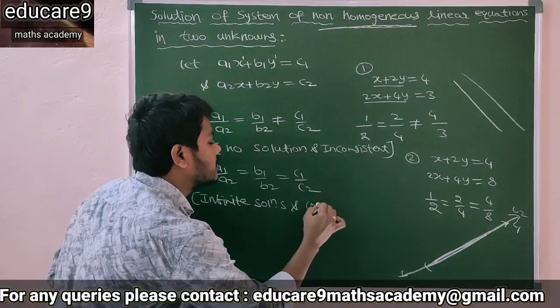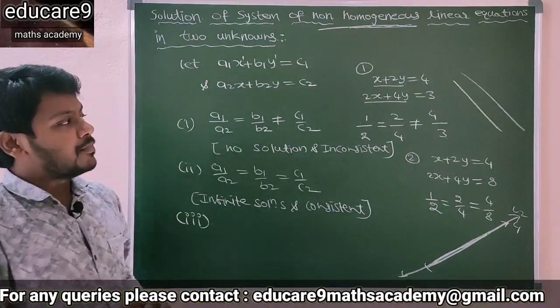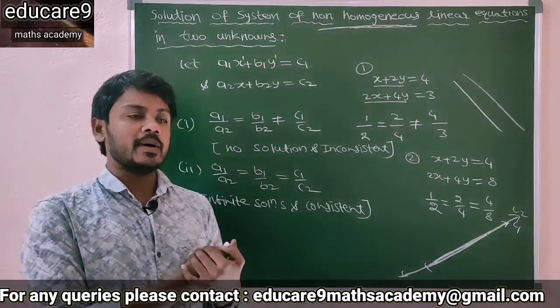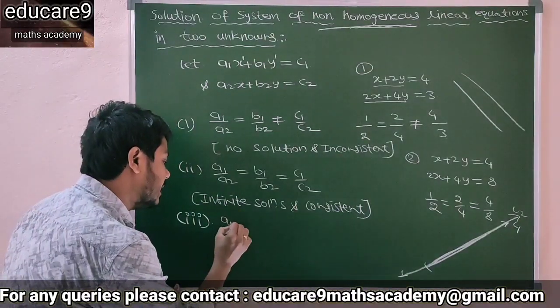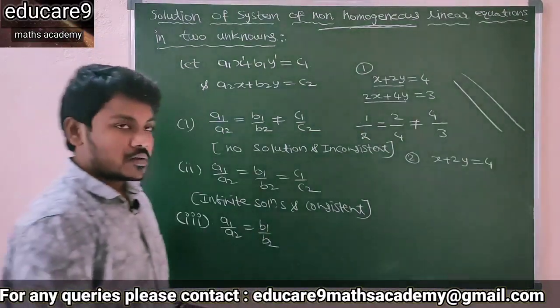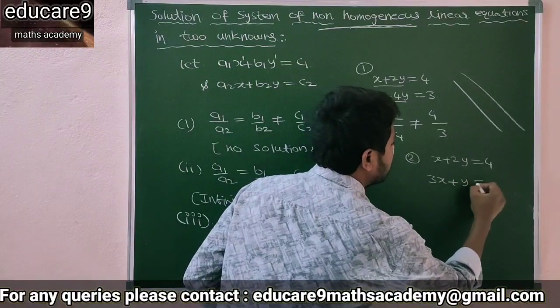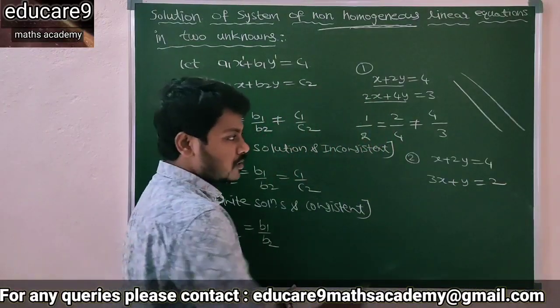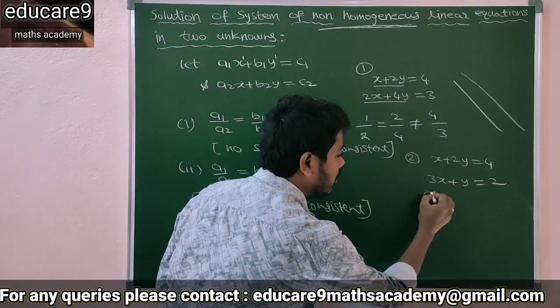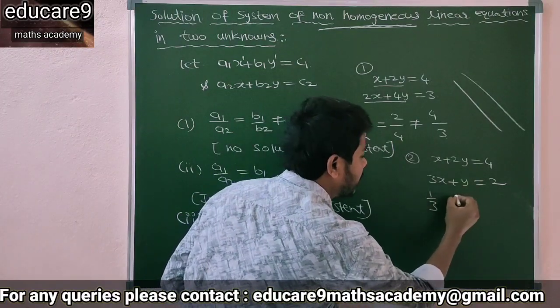and is consistent. Next, the third case: a1 by a2 is not equal to b1 by b2. For example, 3x plus y is equal to 2. What is a1 by a2? That is 1 by 3, and b1 by b2 is 2 by 1.